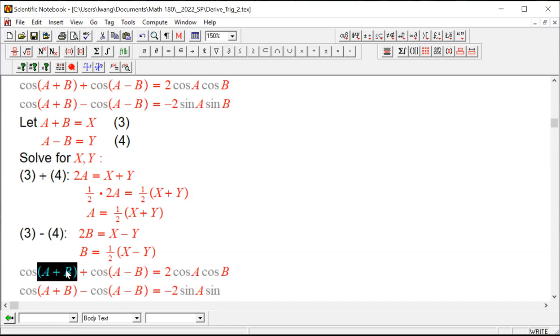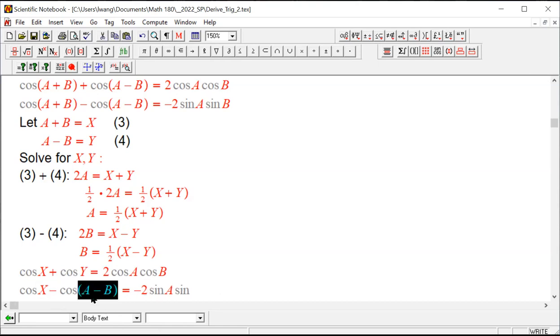So this is X, and this is Y, and that is X, and that is Y. A will be replaced by X plus Y divided by 2.